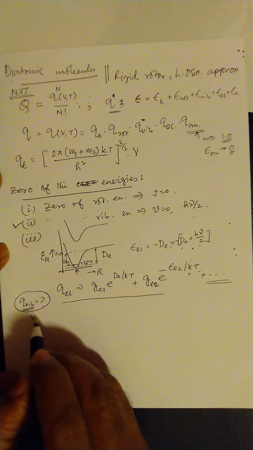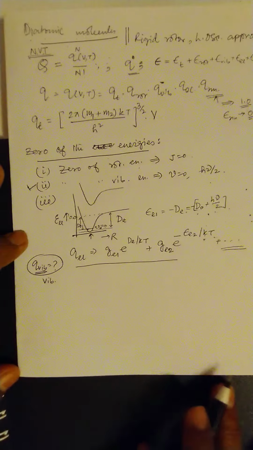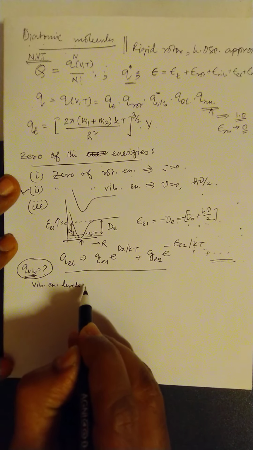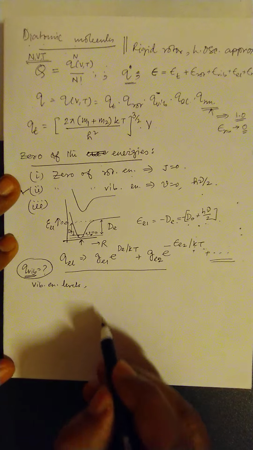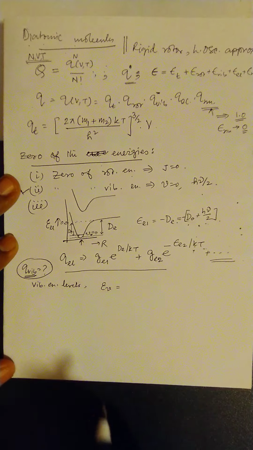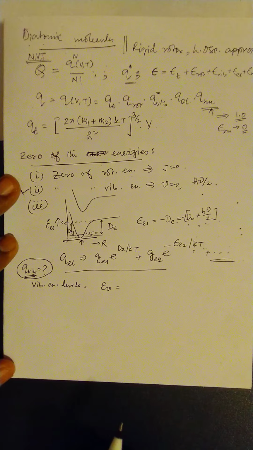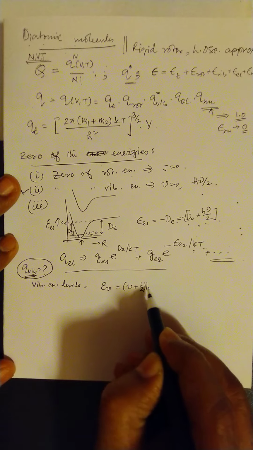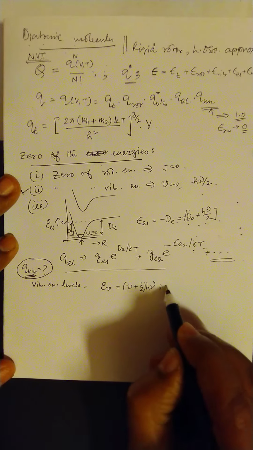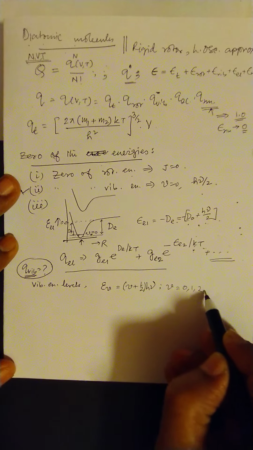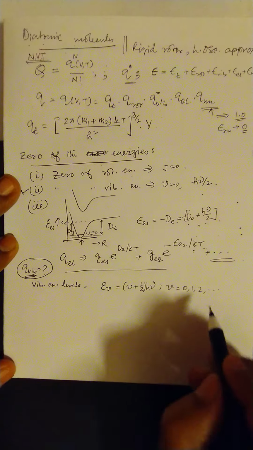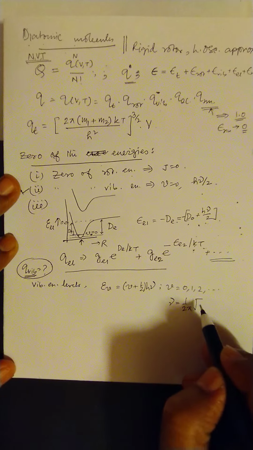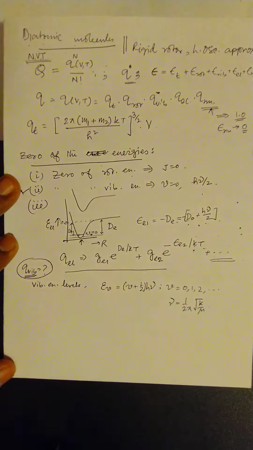So for that, we know the vibrational energy levels that you already know, because according to the harmonic oscillator model, it depends on one quantum number, the vibrational quantum number, and that is (v plus half) h nu, where this vibrational quantum number can be 0, 1, 2, etc. And the fundamental frequency nu is 1 by 2 pi root over k by mu, right?